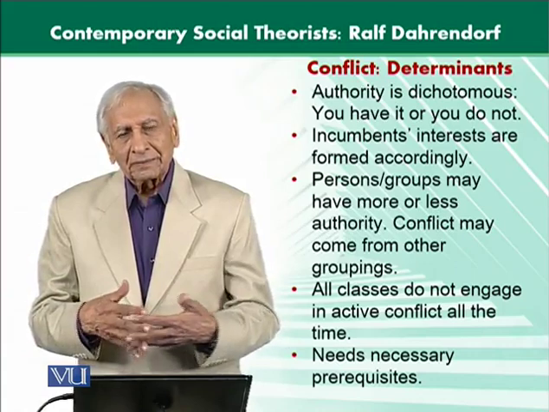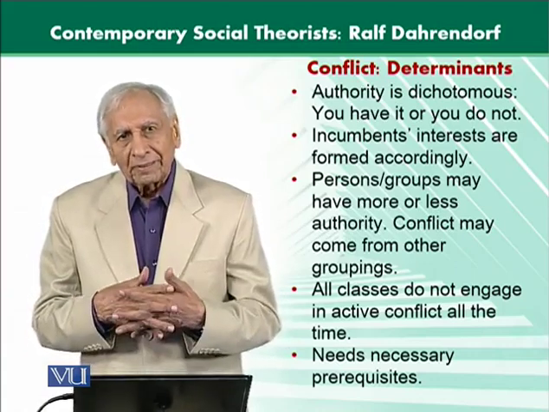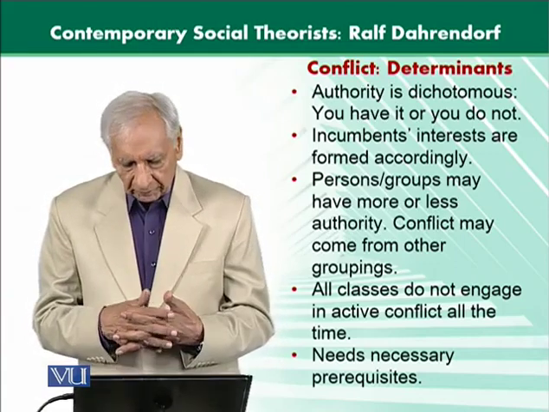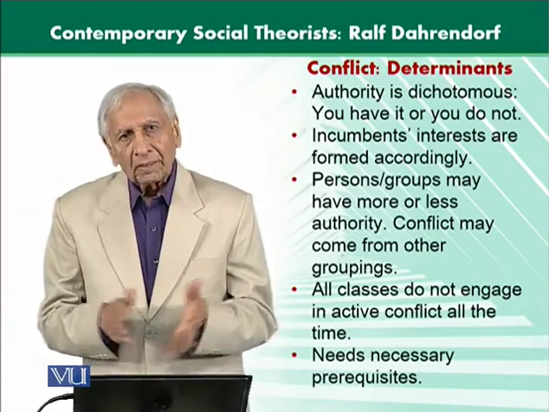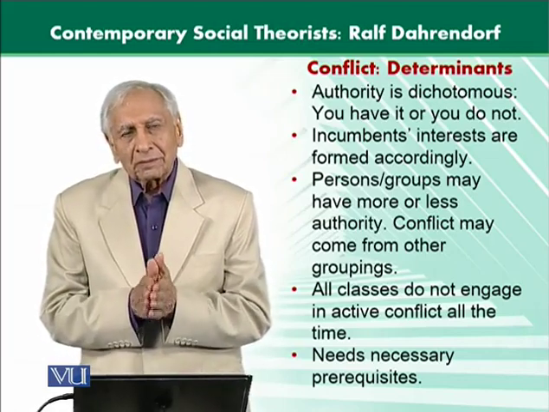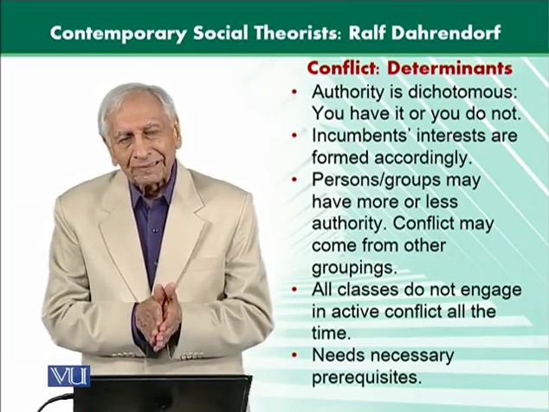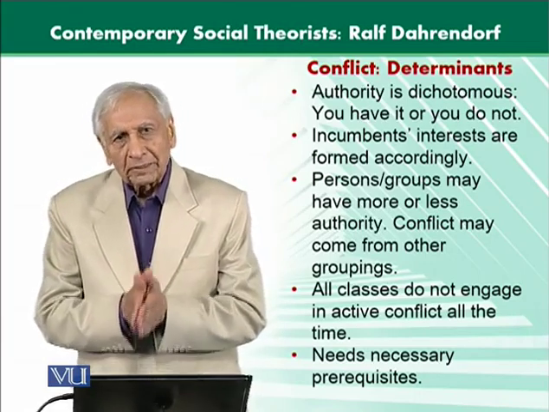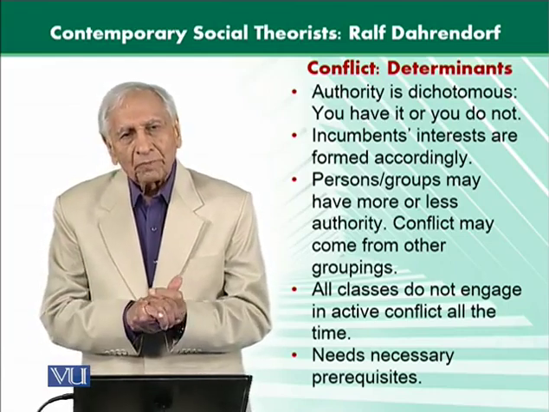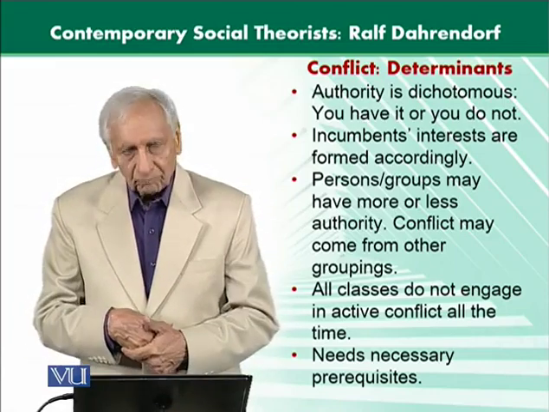Now these class situations can lead to a situation of conflict. And this conflict does not continue for all times to come. This conflict might get resolved, and it might lead to a certain situation of balance or consensus.